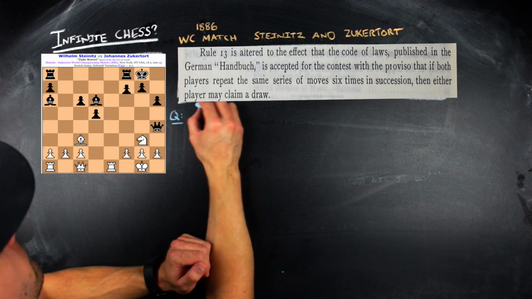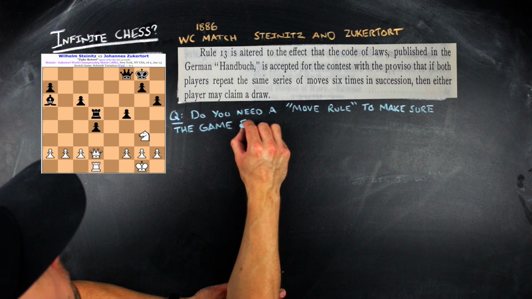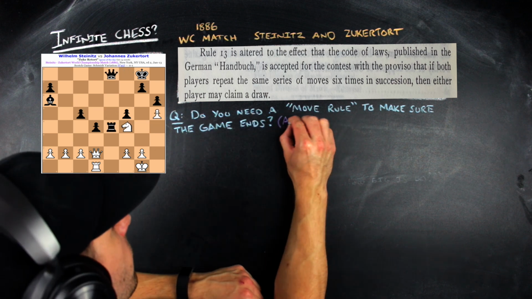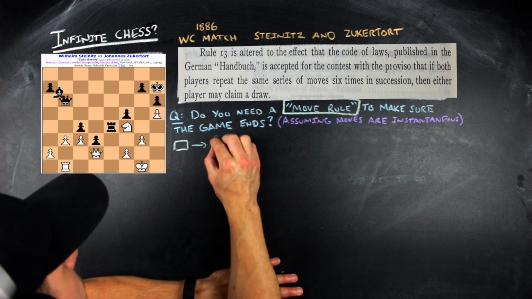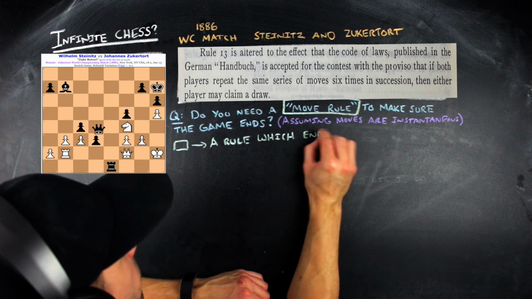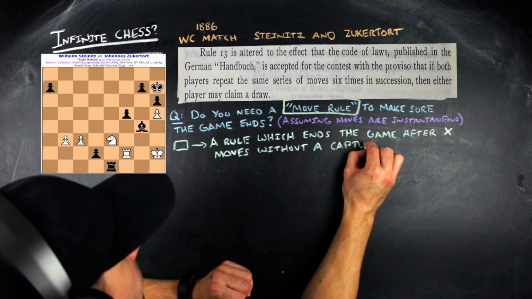But that's not really the point of this little tangent here. The point of this tangent is to ask the question, do we actually need a move rule? Do we need to cut the game off at a certain number of moves without a capture in order to make sure that the game ends under this Rule 13?